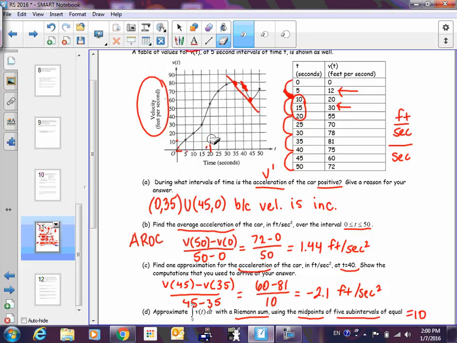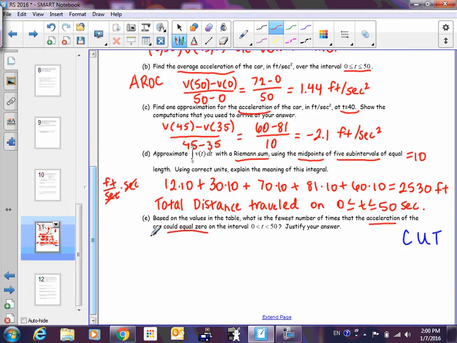This one we're talking about when slope is 0. Because we even found in part A that acceleration was this graph's slope. So where is this graph's slope equal to 0? Up here. 35 and 45, which we don't have to list. So twice, that's our answer. The fewest number of times that's going to happen is twice.